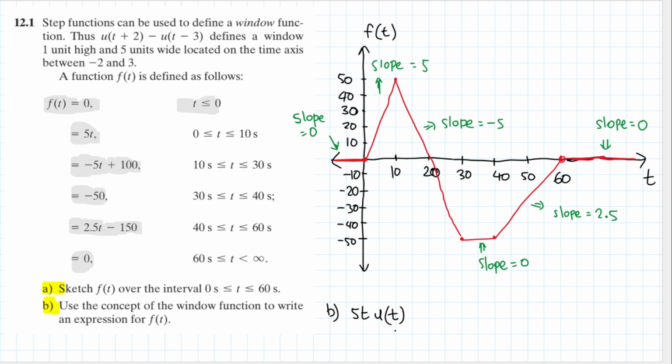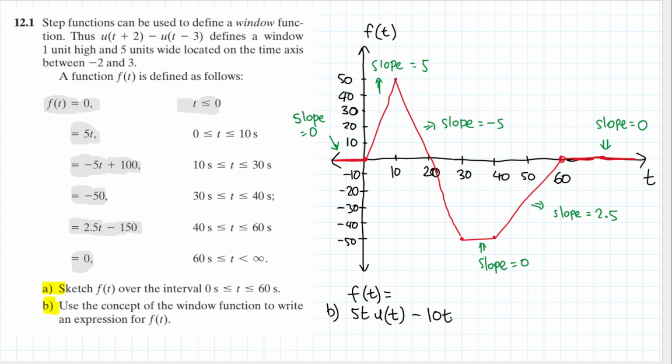Good. I need to write f(t) equals here. And then we have a change at 10. The slope changes from 5 to minus 5, so we need to subtract 10. So we'll have minus 10t. Because 5 minus 10 is equal to minus 5.